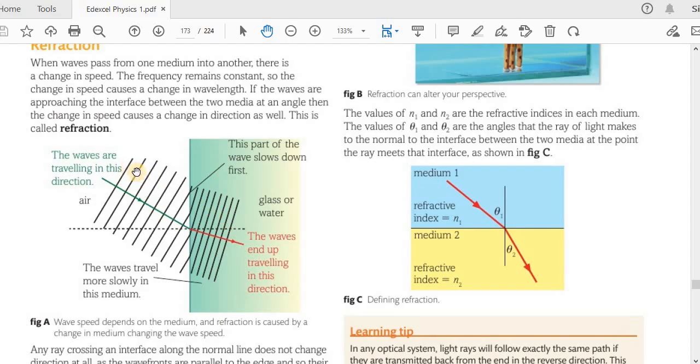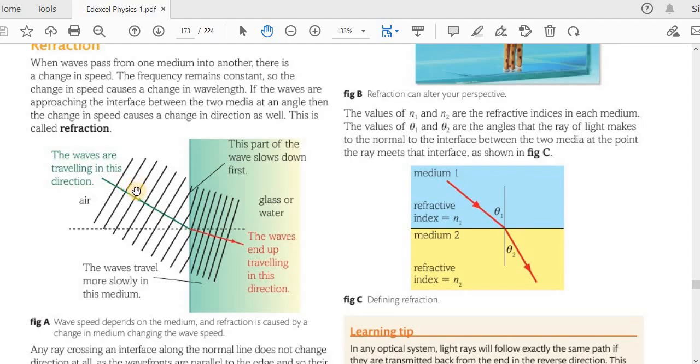You can see the distances here are greater than the distances here between adjacent wave fronts. That means the wavelength here is less than the wavelength here. The wavelength is the perpendicular distance between these black lines.